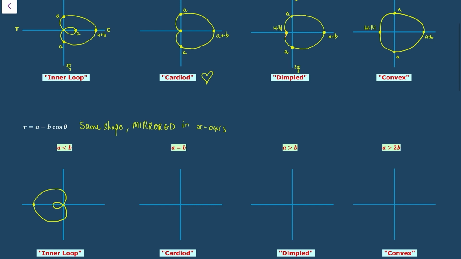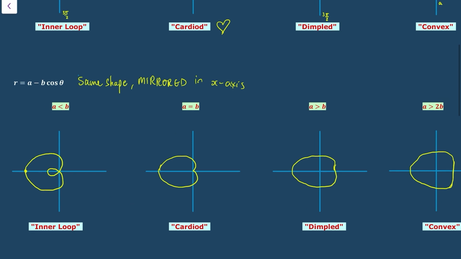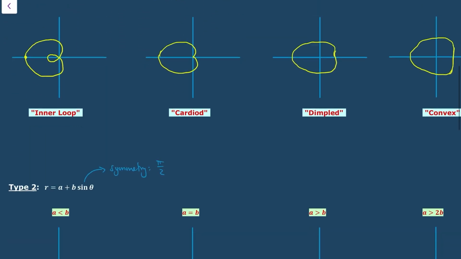This is going to start there. This will look like this, have a slight dimple, and this shape is going to be convex. So not that great a drawing for these, but you get the idea. Same shape as above, but mirrored in the x-axis.